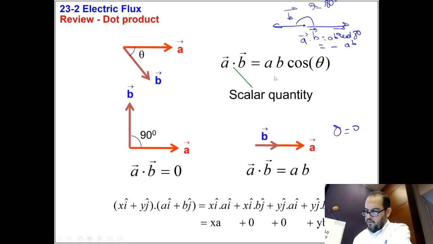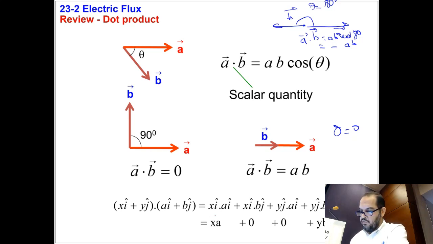Before I move on, if you have vectors A and B in unit vector notation, for example, A is xi plus yj, and vector B is ai plus bj, then for the dot product you take the product of the x components plus the product of the y components, and if you have a third dimension, you also add the product of the z components.